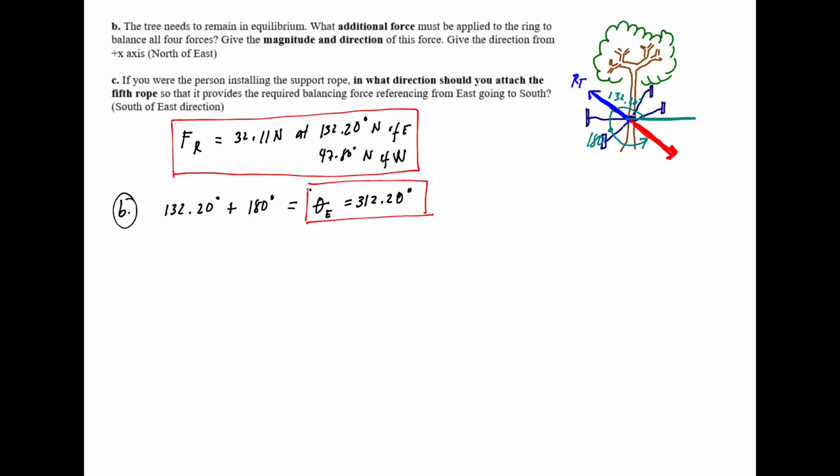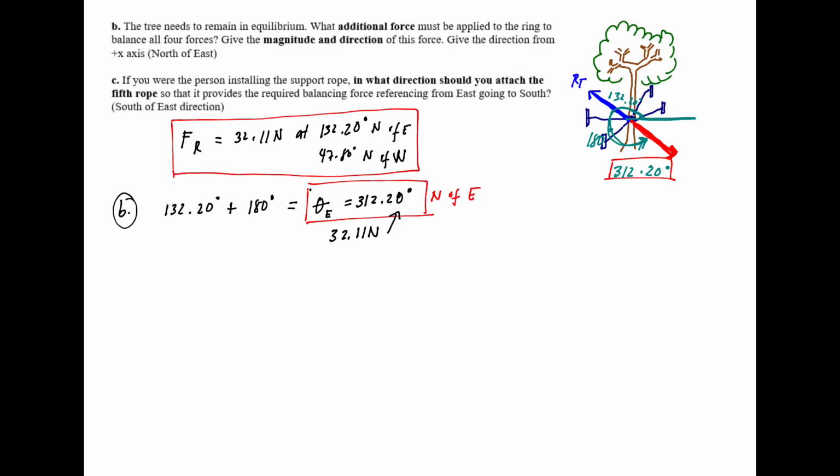So starting from here, going here, that is 312.20 degrees. And so what is now the magnitude and direction? The same magnitude, that is 32.11 Newton at 312.20 degrees. And if you want to be more specific with the direction, that is north of east.